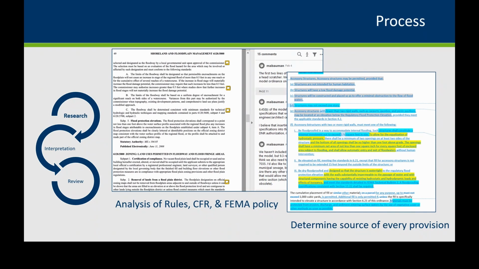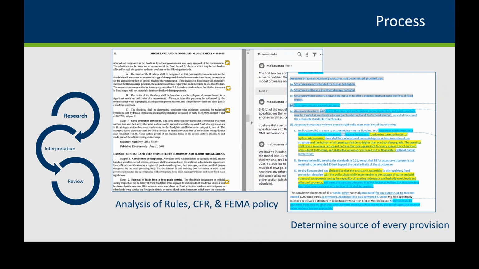So we picked apart rule, we picked apart Code of Federal Regulations line by line, and we wanted to see what provisions were missing, and those provisions that are missing, are they even appropriate for an ordinance? Some of these are mapping standards and others just guided procedures for the DNR. And then we just refined it.